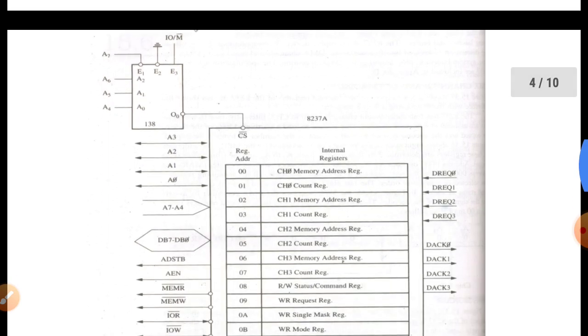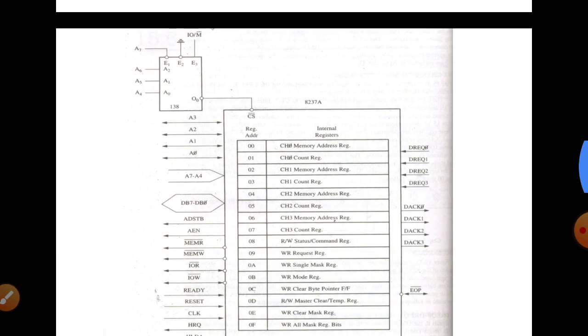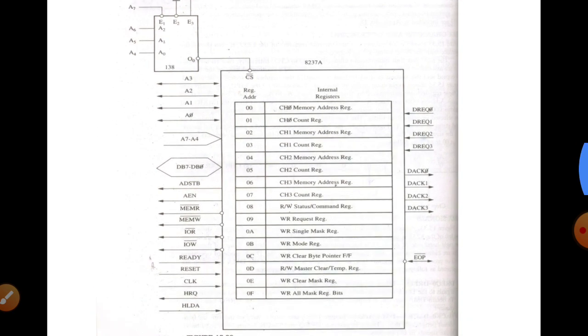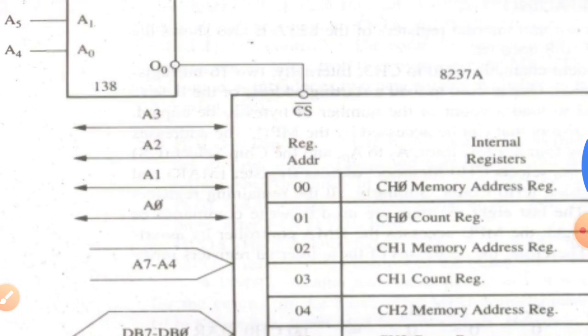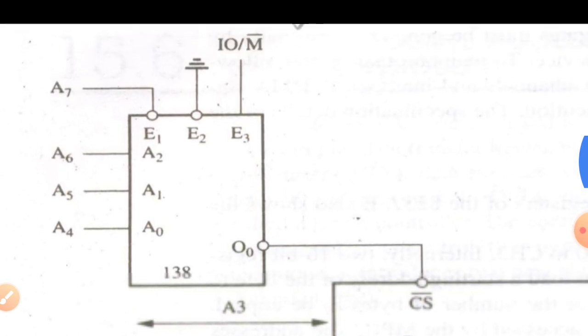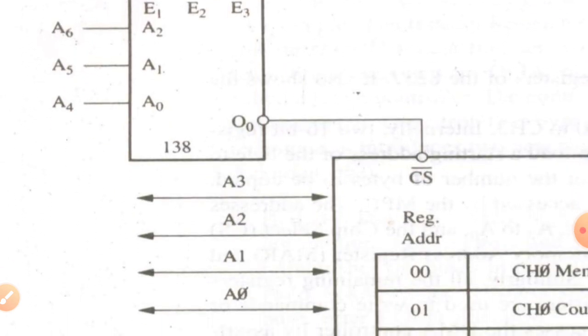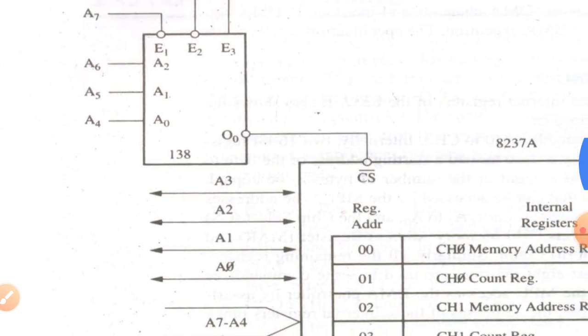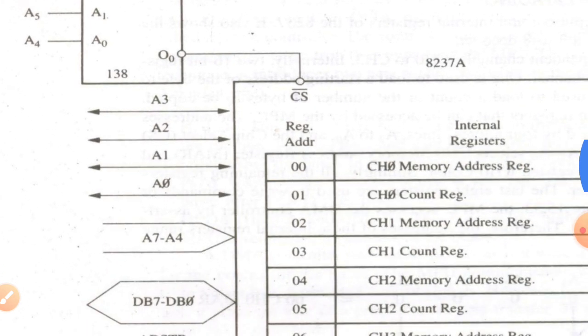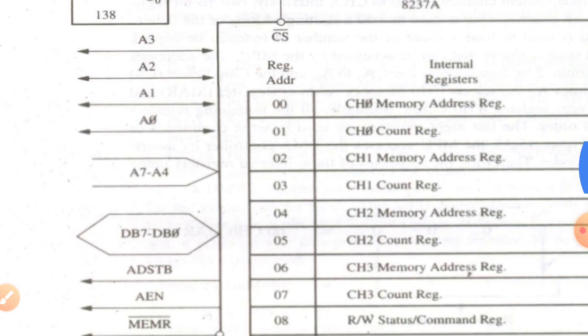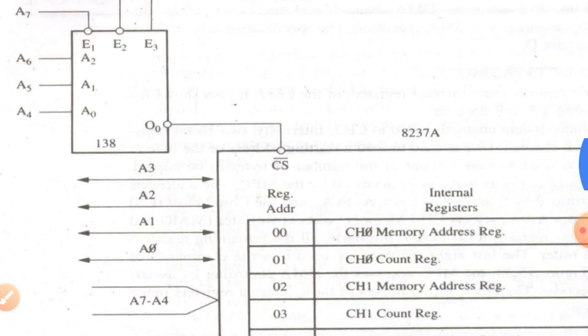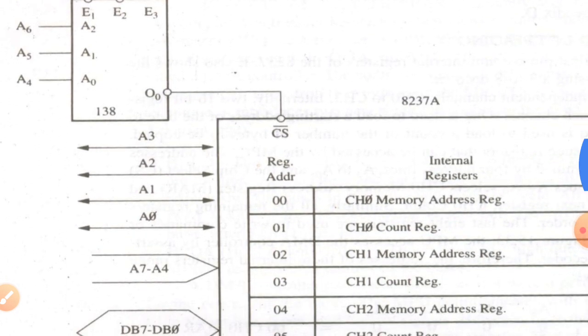So this is the block diagram of the 8237 DMA controller, in which you can see there are address lines. As we know, there are 8 address lines physically available in 8085. So these address lines are connected to the 8237 controller by connecting these A0 to A7 lines.